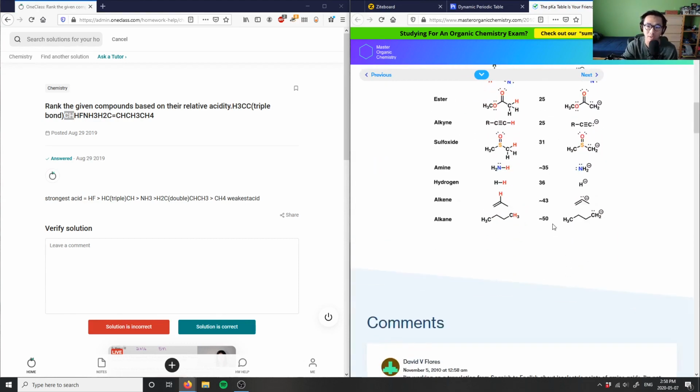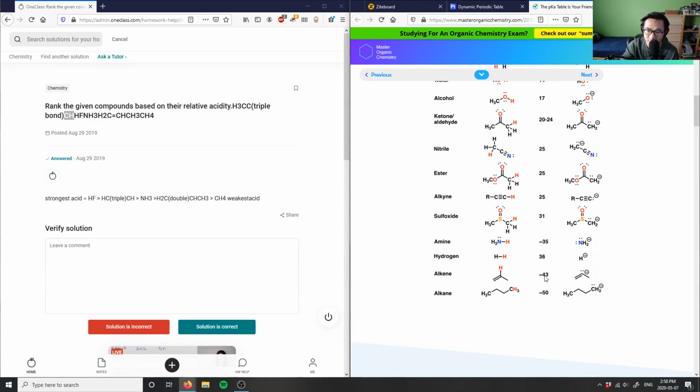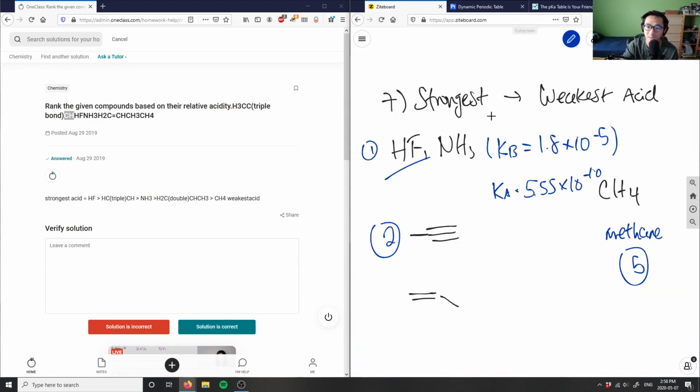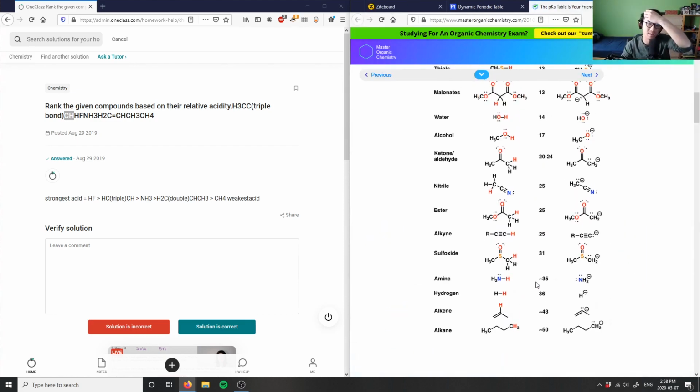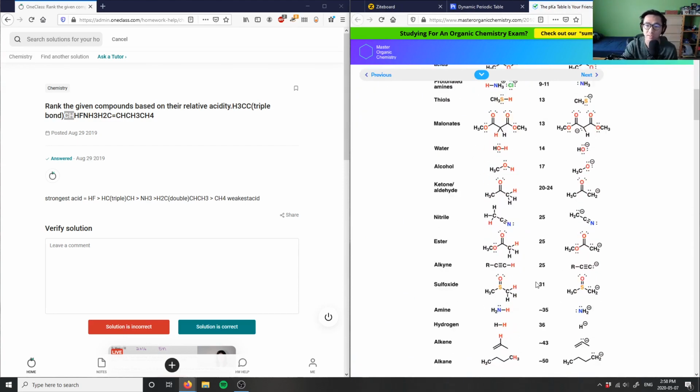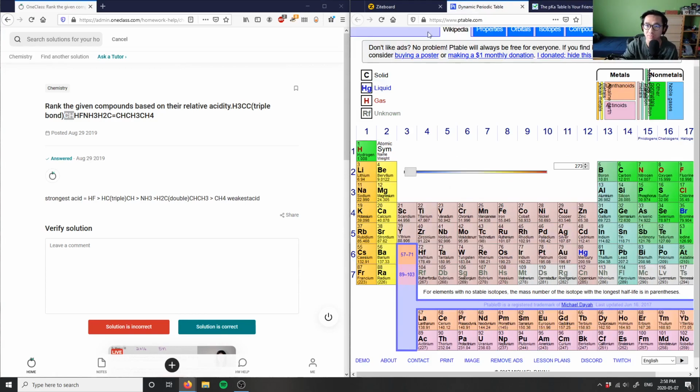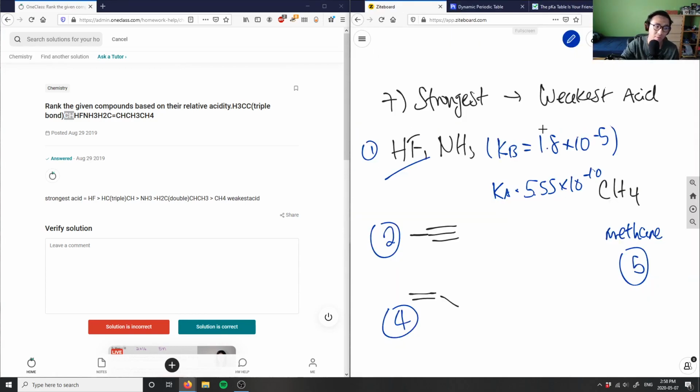Alkanes are going to be the weakest acid, and then it's going to be our alkenes, right? Alkenes are coming up next here. So alkenes here would be number 4, which makes ammonia number 5, right? Ammonia here, again, you can think of this as an amine, or I can switch this Ka value into a pKa value, right?